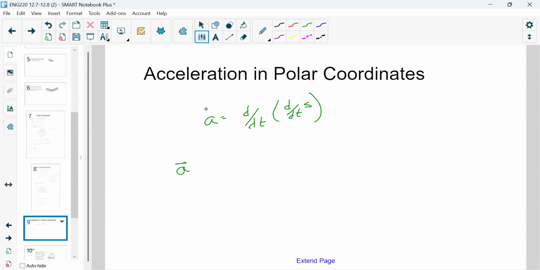Let's just jump to the good part. So this is going to be a sub r vector, that looks like an n, and then we're going to have a sub theta, unit vector.